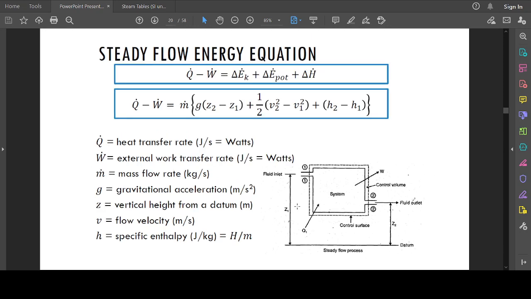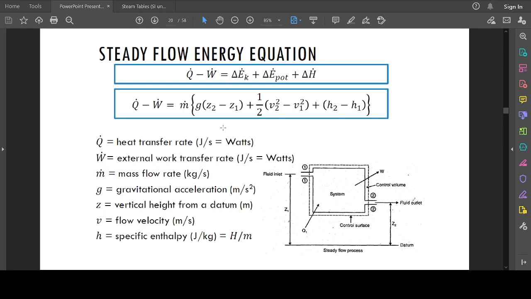So in a flow system where there is a movement of fluid, and there is a difference in height as well, the same equation is modified to account for the flow of the material, in this case the fluid, through the system with respect to time. Therefore, the heat transfer becomes a heat transfer rate, with a unit of joules per second, which is exactly watts.